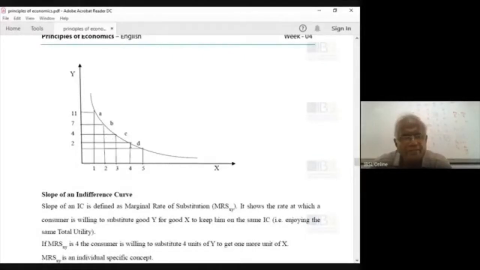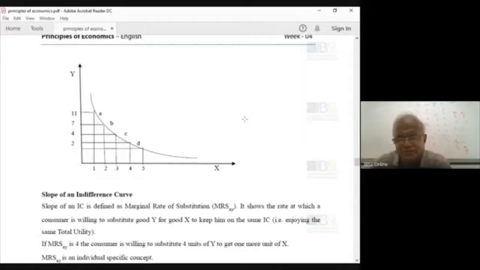C to D, for 1 more unit of lemonade, you are willing to give up only 2. Earlier 3, initially 4. 4, 3, 2, 1. To get 1 more glass of lemonade, the consumer is initially willing to give up 4, after that 3, then 2, then 1.